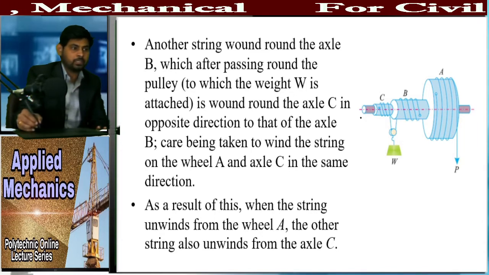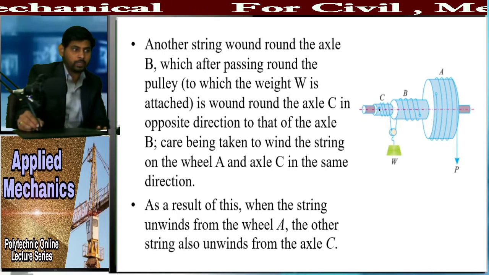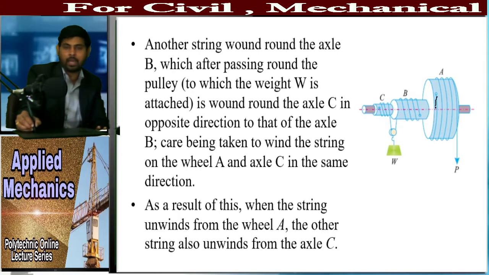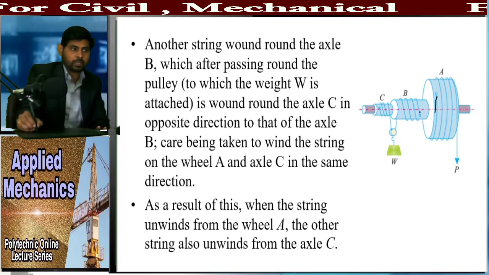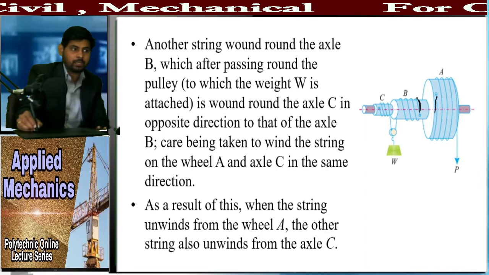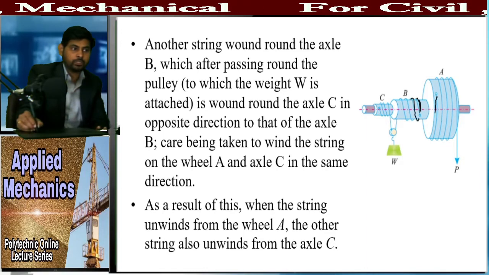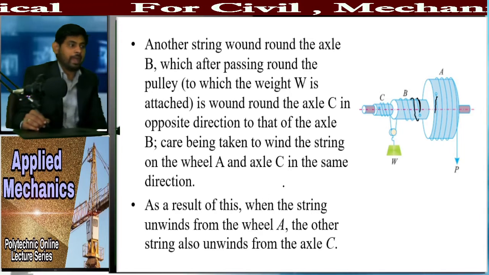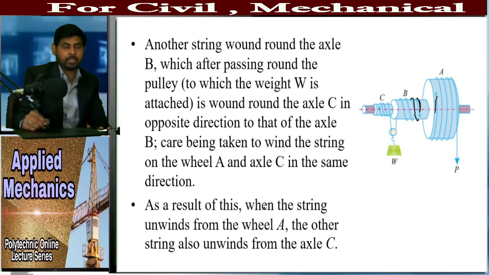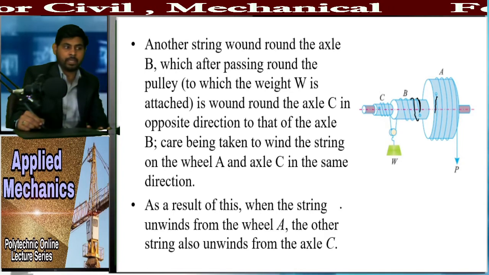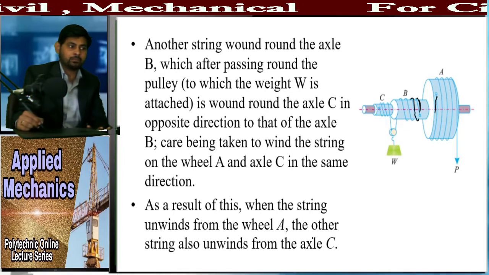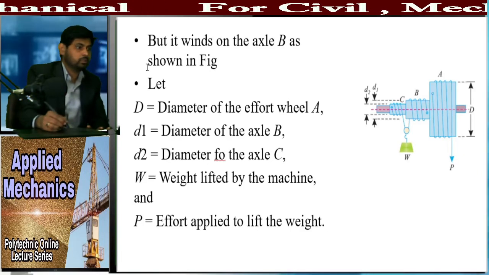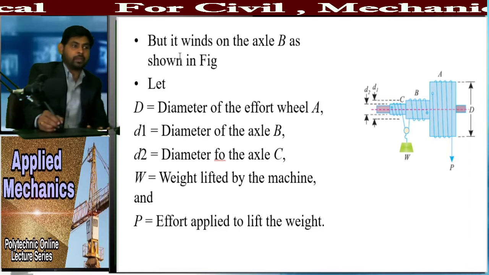So here you can see the strings on axle C and wheel A are in the same direction, and the string on axle B is in the opposite direction to A and C. As a result, when the string unwinds from the wheel A, the other string also unwinds from the axle C, but it winds on the axle B, as shown in the figure.